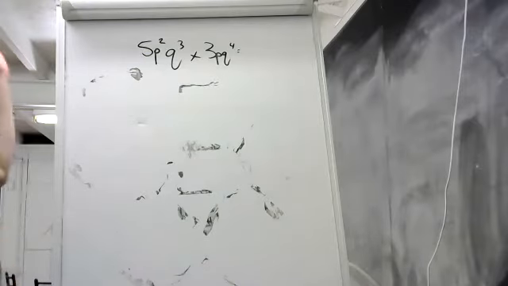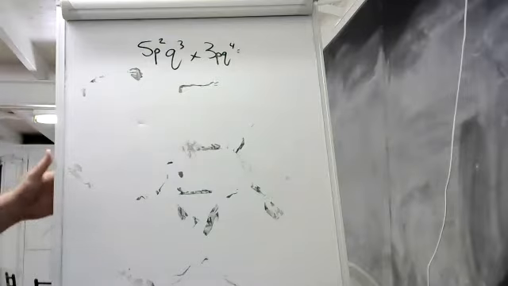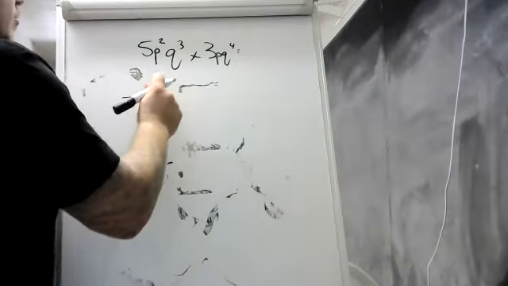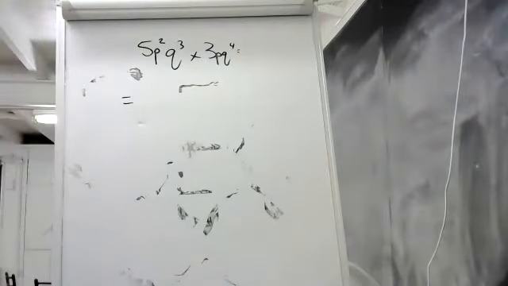This is just hoping to put all those laws and rules we just looked at into practice. So I'm just going to start writing it out. Hopefully Henry's ahead of me. So we want to separate this out so that we can look at the like terms.